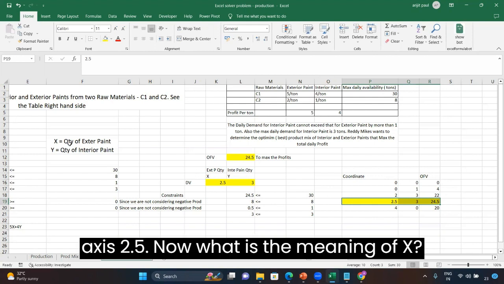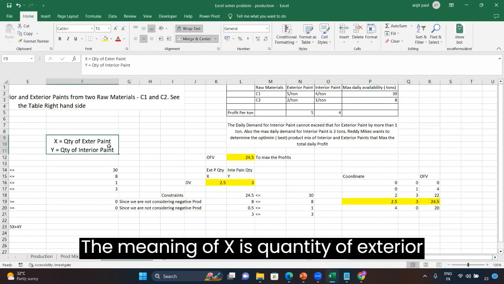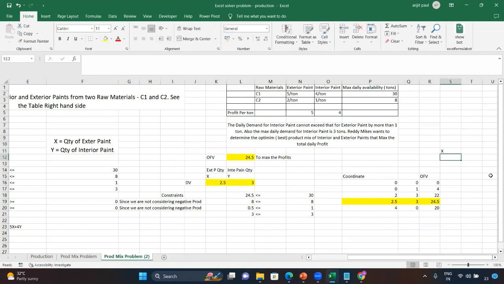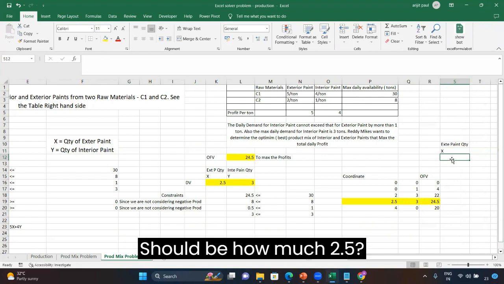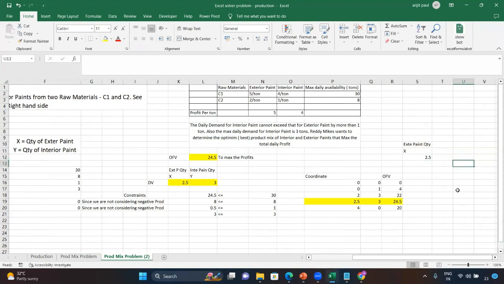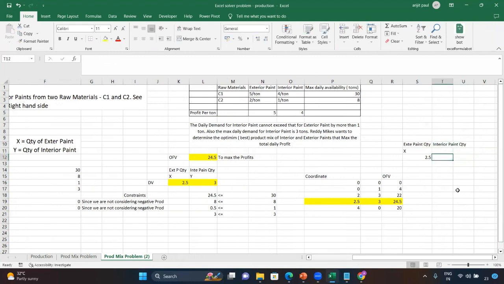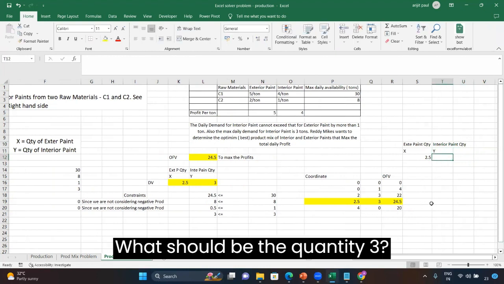Now, what is the meaning of x? The meaning of x is the quantity of exterior paint. That means as per the graphical model, the exterior paint quantity should be 2.5, and the interior paint quantity should be 3.